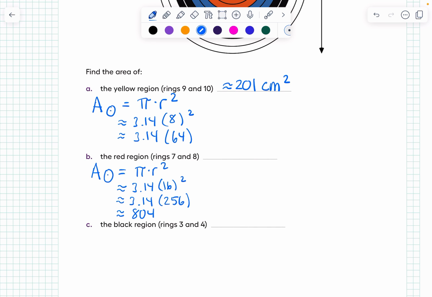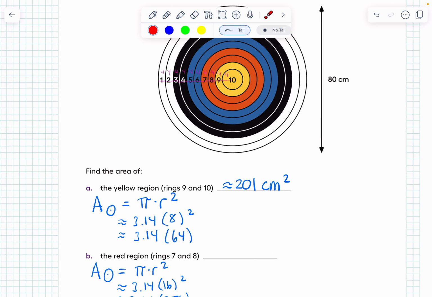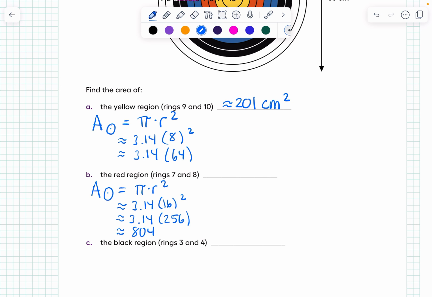So now what we have to do is, remember, we wanted the red region, but part of this is the yellow region. So let's subtract that 201 from the last answer. So we need to do 804 minus 201 to get approximately 603 centimeters squared.